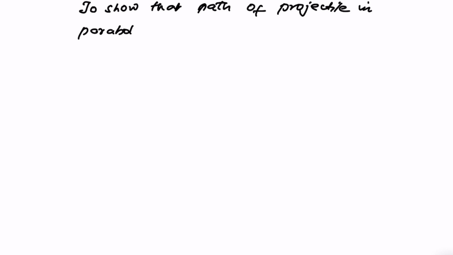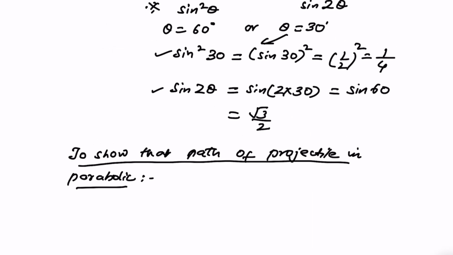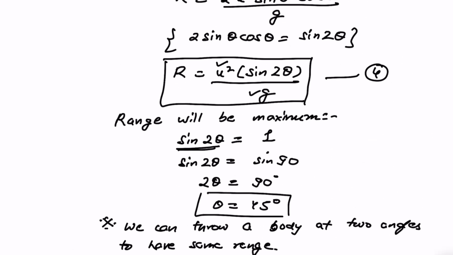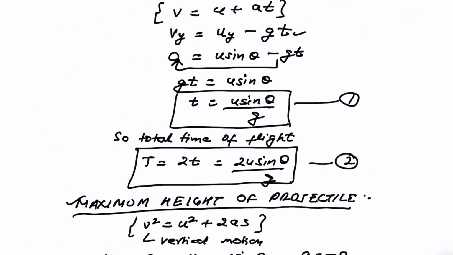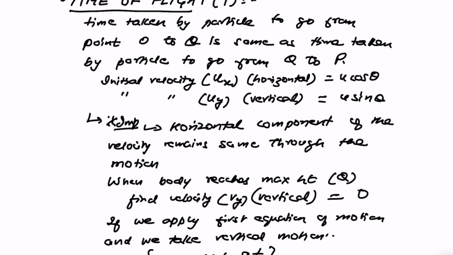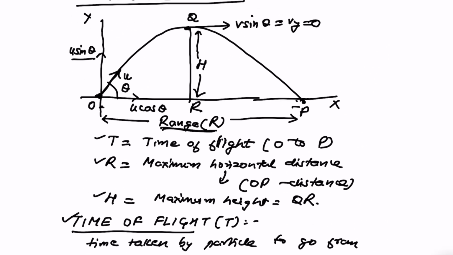As I have already told you in one of the videos on coordinate geometry, a particle's path is parabolic when there is an equation in which the degree of one variable is 2 and the degree of the other variable is 1.